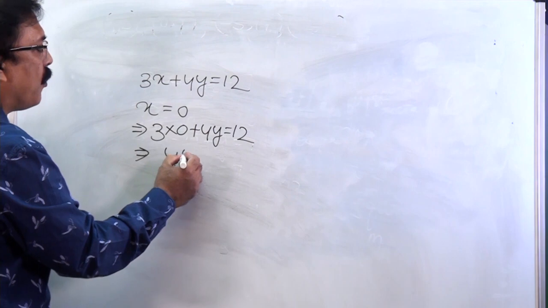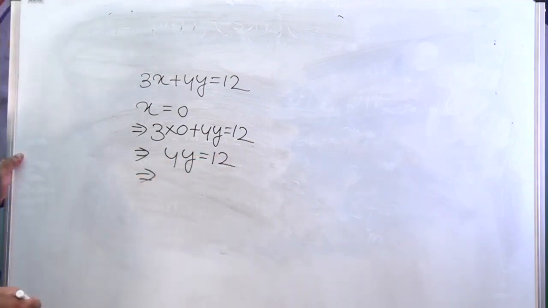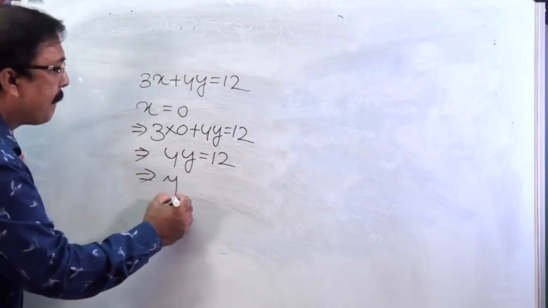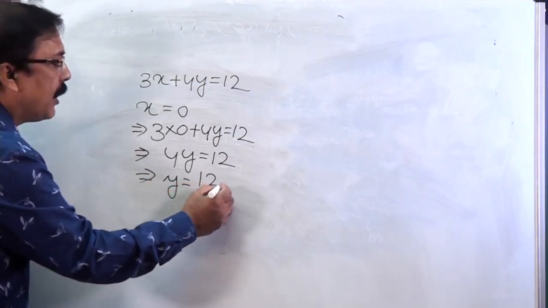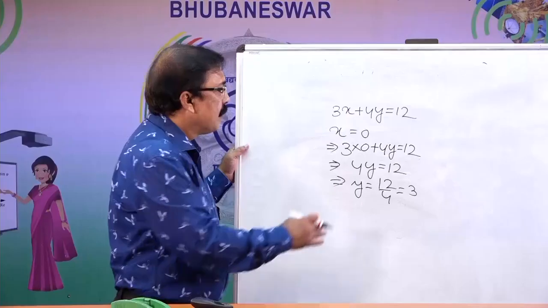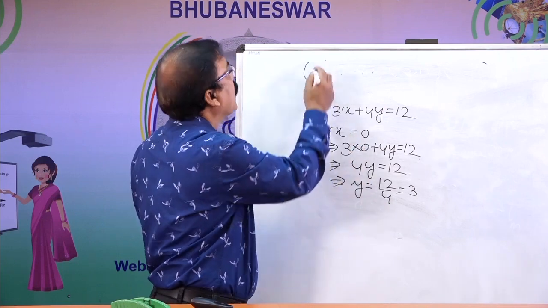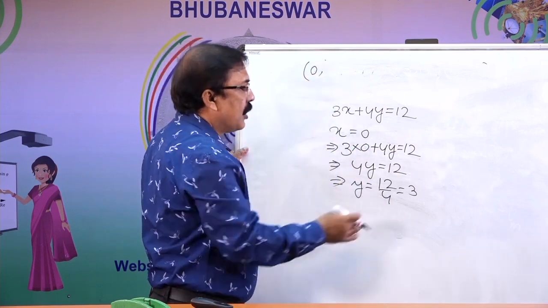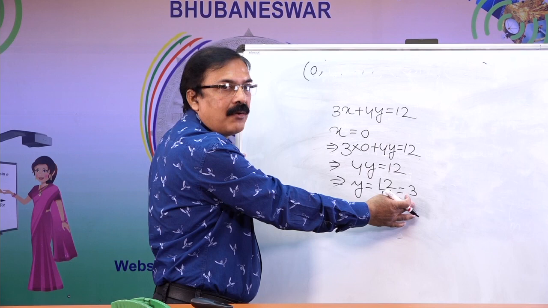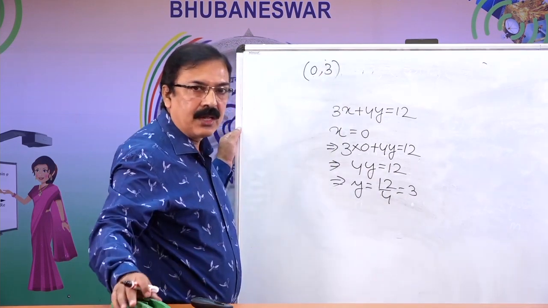Now 4y is equal to 12 and y is equal to 12 by 4, that is 3. Now the solution is, here the value of x is 0 and the corresponding value of y is 3. So this is the solution.